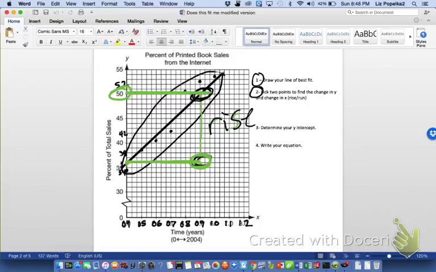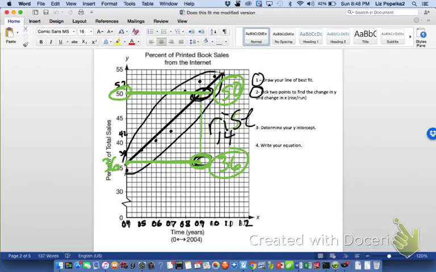Let me erase a little bit here, get some of this junk out of the way. Yep, it's right there, right above the 35. So this is at the 36. So if the bottom of my rise is at 36 and the top of my rise is at 50, that means my change from 36 to 50, or my rise, is going to be 14.